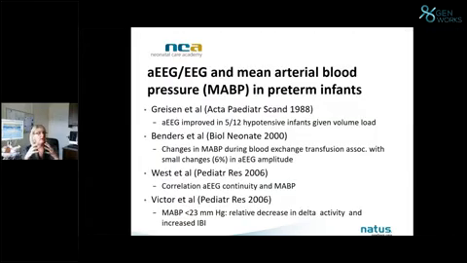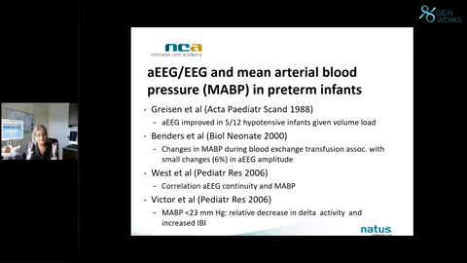So again, there's been work looking at the AEEG and mean arterial blood pressure in preterm infants. Certainly in most of the studies, what's been shown is that there is a correlation between the continuity of the AEEG and the mean arterial blood pressure.